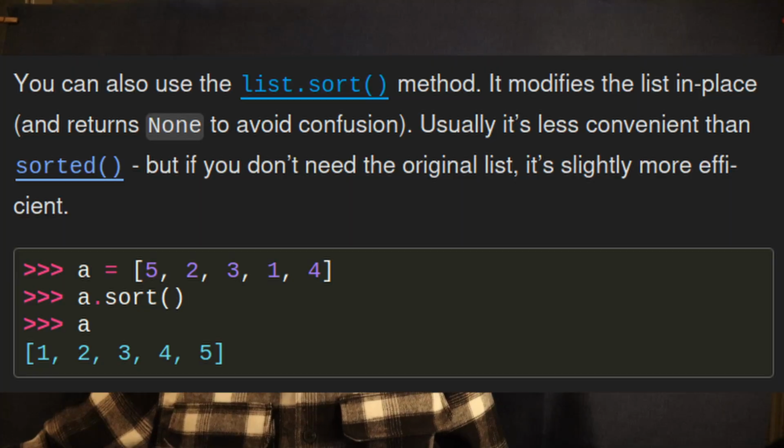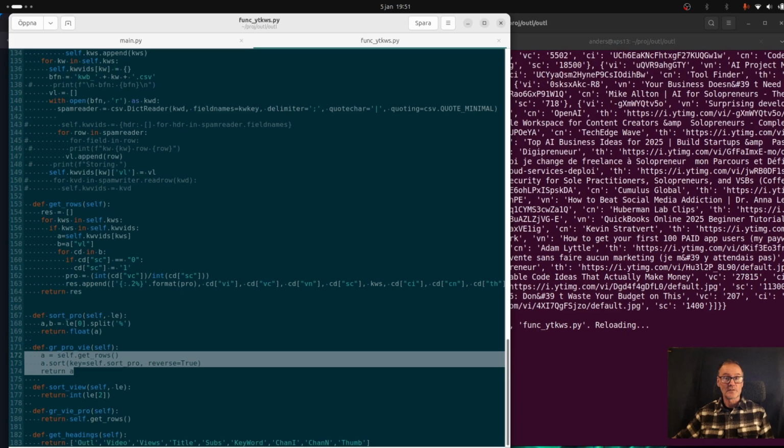Now, reading a bit on the Python sort function reveals that it alters the list it is fed. So we need to make the sort in 3 steps. First, we get a list variable set to get rows, or the raw data.